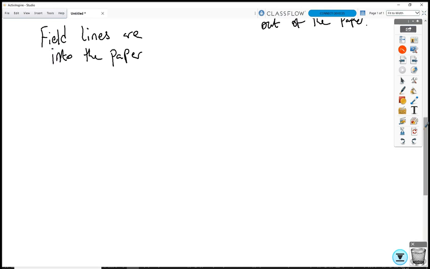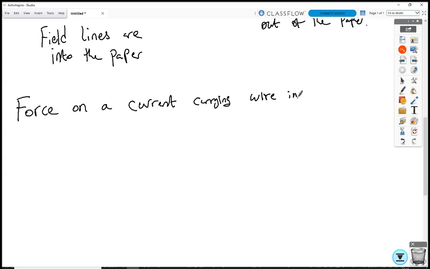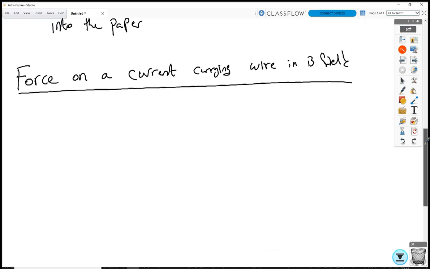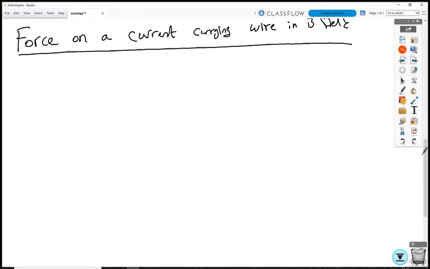So let's do a simple example of a force on a wire in a magnetic field. Force on a current carrying wire in B field. It's quite a long subheading, but there you go. So we'll do a uniform field once again.